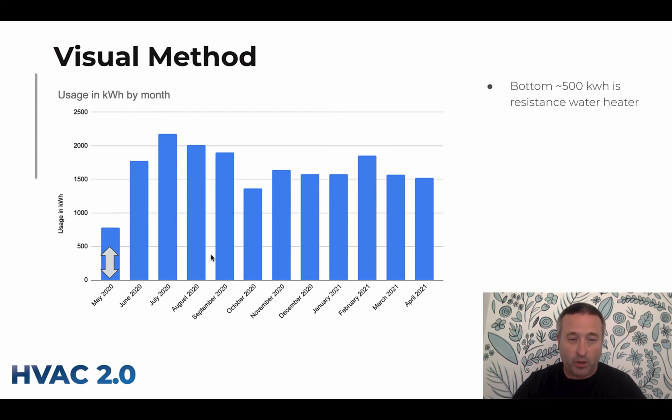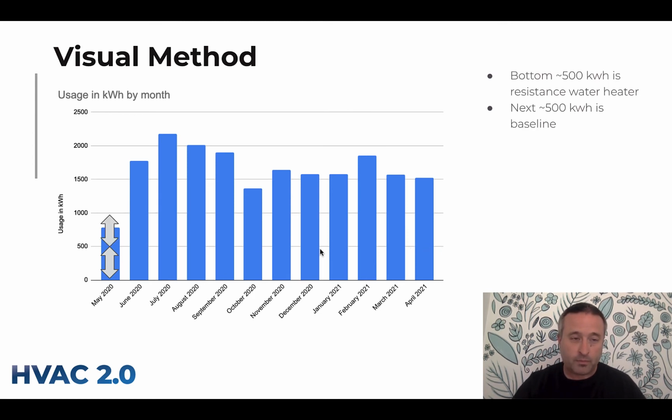All the way across here, this is what it takes just to have the water heater running. The next 500 is their baseline usage. This is what they use in their day-to-day activities, again, lighting, internet, refrigerators, cooking, all that stuff. So that gets us to about 1,000 kilowatt hours per month that they are using just for basic services in their house.